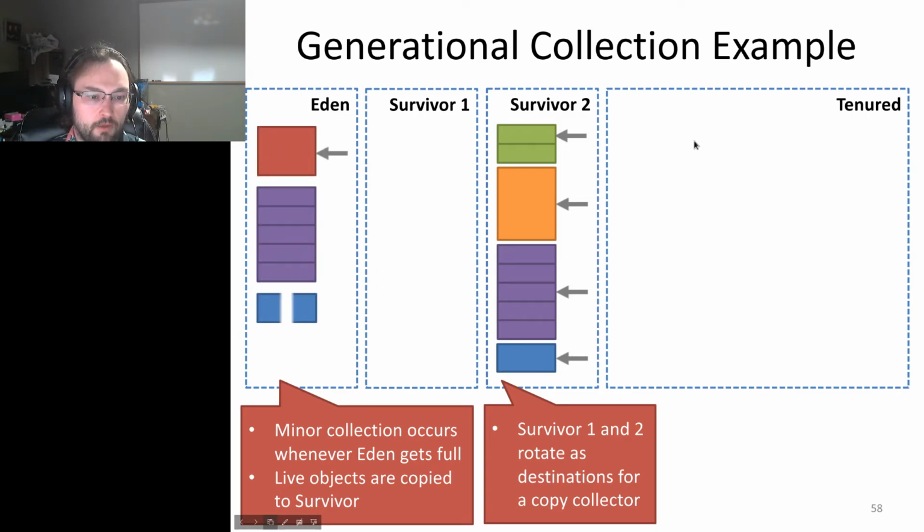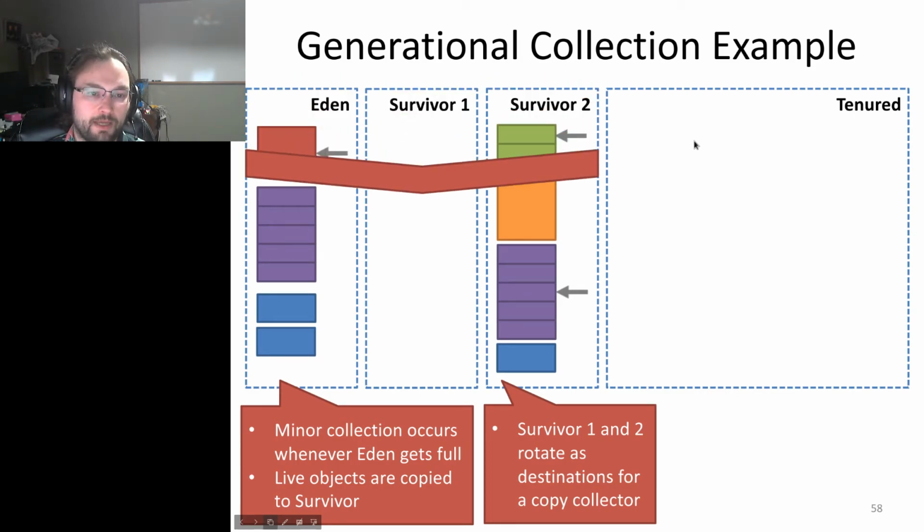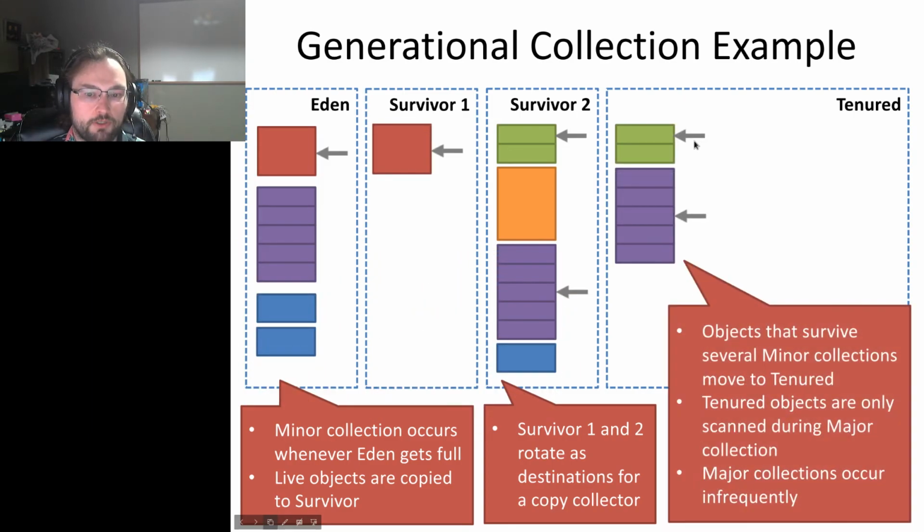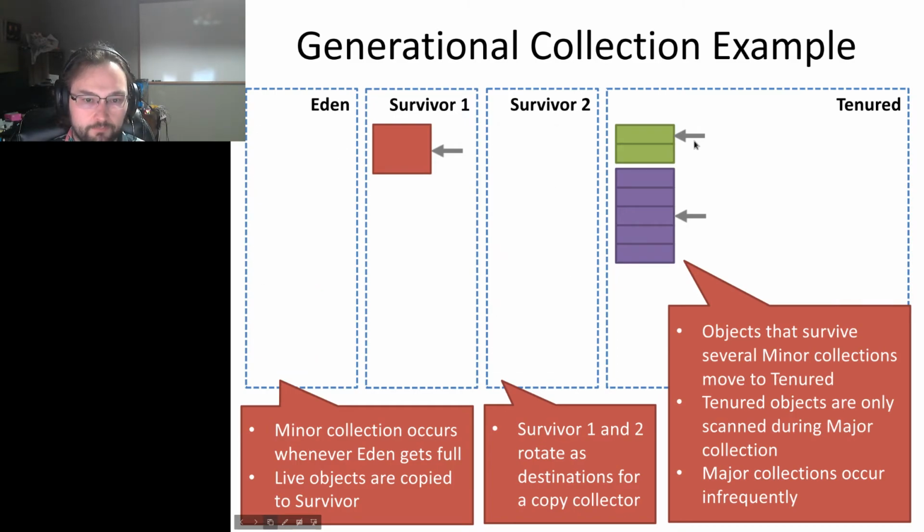Eventually, once we've done enough collections and copied objects from survivor 1 to survivor 2 and back again a couple of times, we'll start to make the objects that survived that long get tenure, and then we don't fire them unless something unexpected happens.